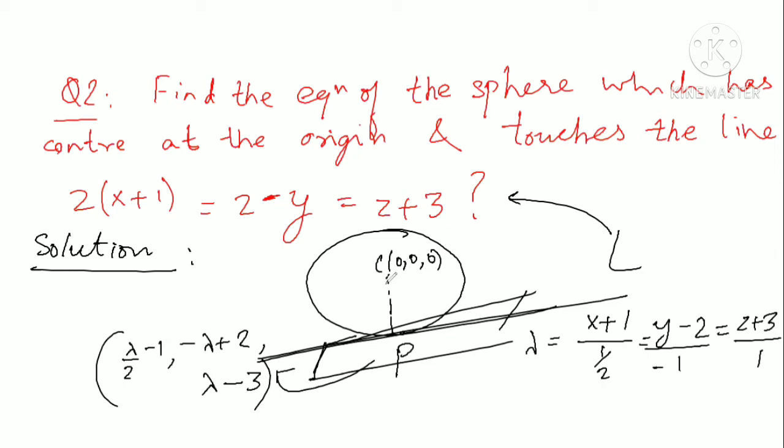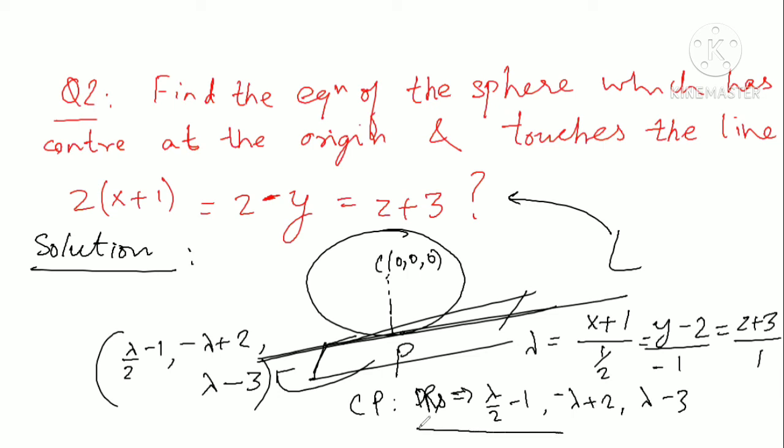And we already know the coordinates of center C. So by subtracting their respective coordinates, we can calculate the direction ratios for CP. So lambda by 2 minus 1 minus 0, then minus lambda plus 2 minus 0, and then lambda minus 3 minus 0.